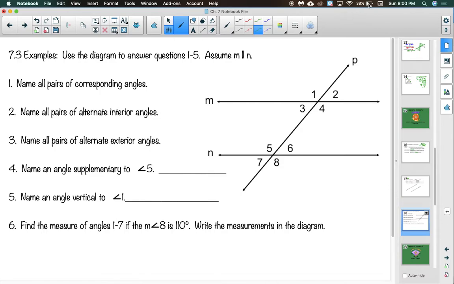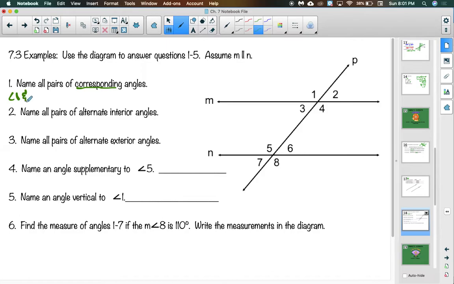So let's do a little bit of examples. First, it says name all pair of corresponding angles. Remember, corresponding means matching. So corresponding angles would be angles that sit in matching positions. So I've got this X and this X, and if I put one X on top of the other X, the corresponding angles would match up. So angle 1 and angle 5 are corresponding.